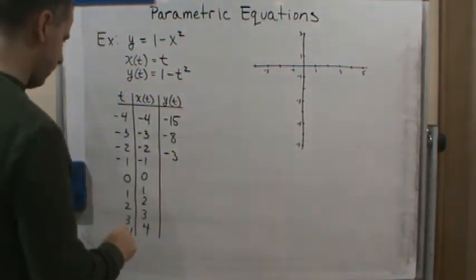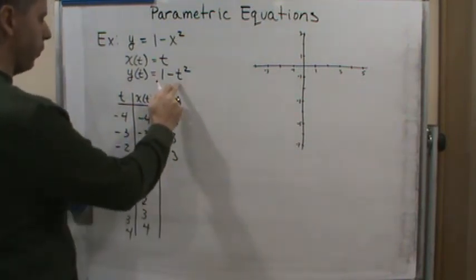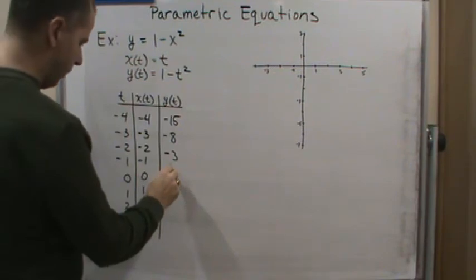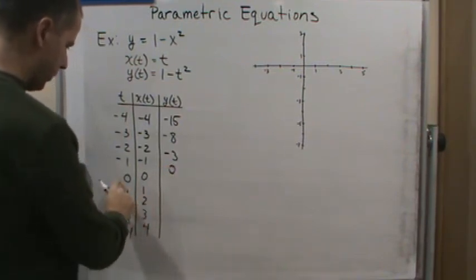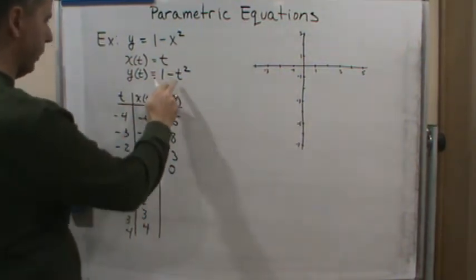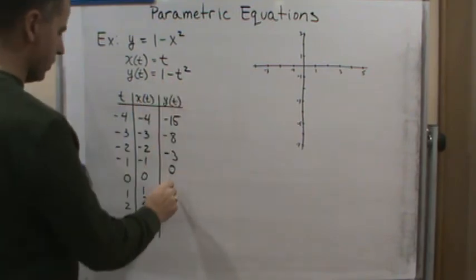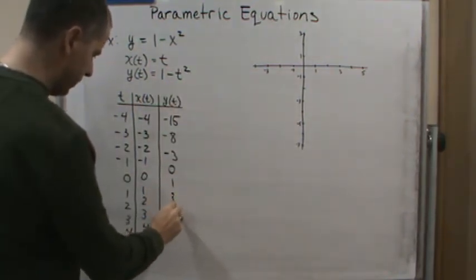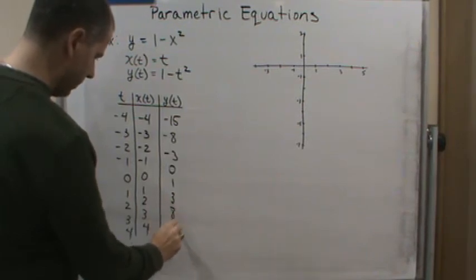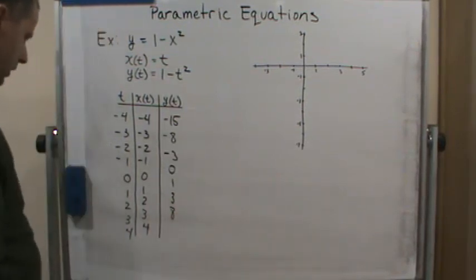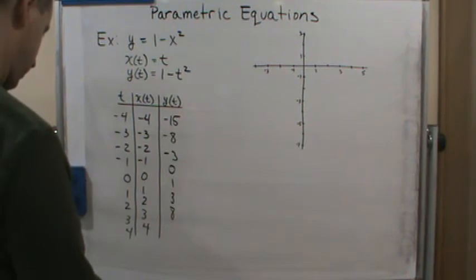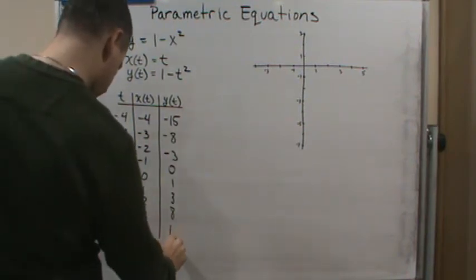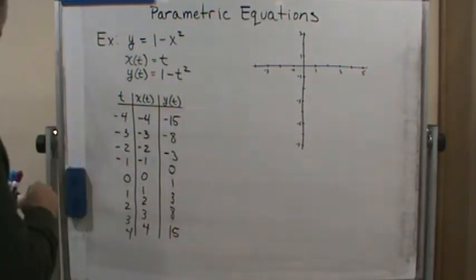And -1 squared is 1, 1 minus 1 is 0. And of course if we do 0, we get 1. And then it starts to give us 0, 3, 8, 15.